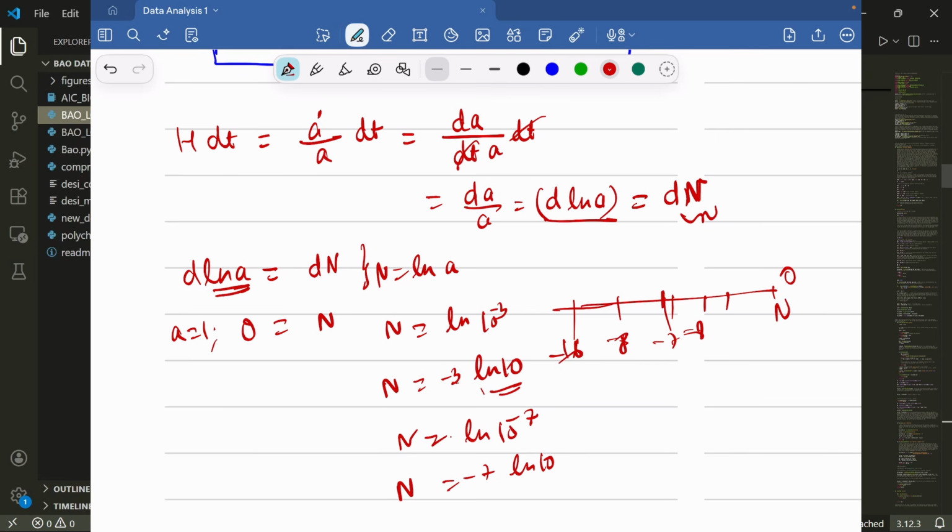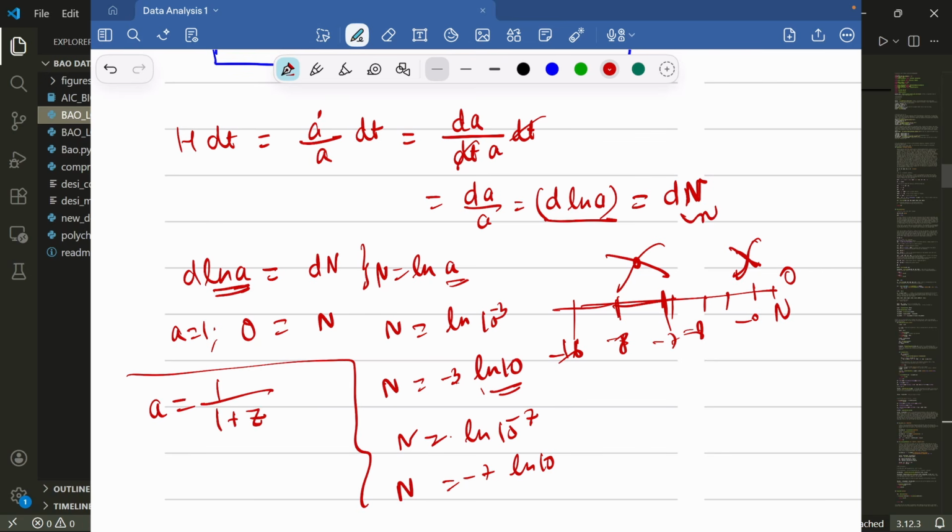Around minus 7 or minus 8, you have matter and radiation equality. Around N equal to minus 0.3, minus 0.5, you will have the dark matter and dark energy equality, right? So we have changed our scale from a equal to 1 to 10 to the minus 7 and so on, or you can easily express everything in terms of redshift. So a is becoming 1 over 1 plus z.